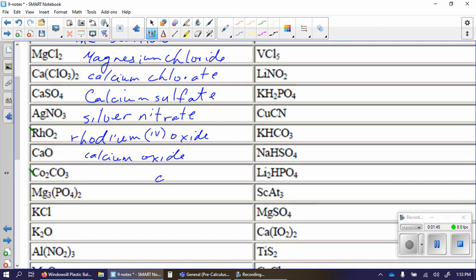That's carbonate. Cobalt is a transition metal. Carbonate is -2, so the positive charge is +2 spread out over 2, means each one is +1. Magnesium and PO4 is phosphate.